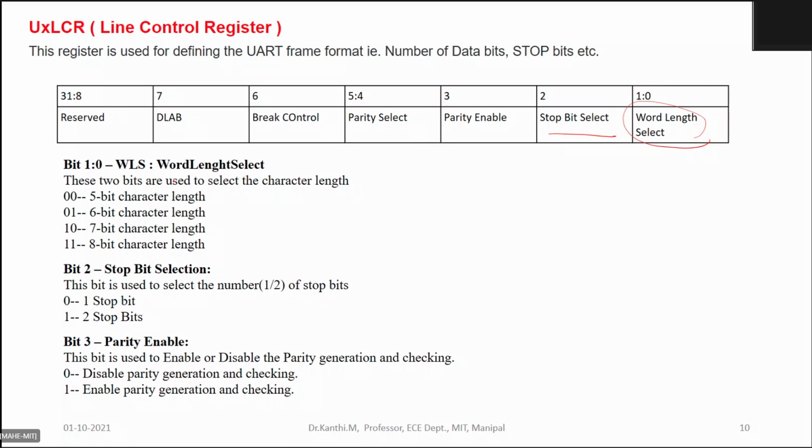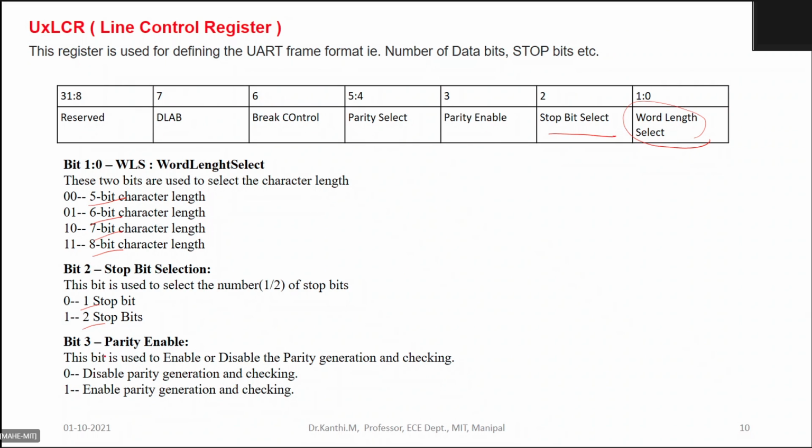In the word length, you have a 5-bit, 6-bit, 7-bit, or 8-bit character length. These characters are embedded between your start and stop bits, then you have a parity. And you have the stop bit selection, whether you want 1 stop bit or 2 stop bits.